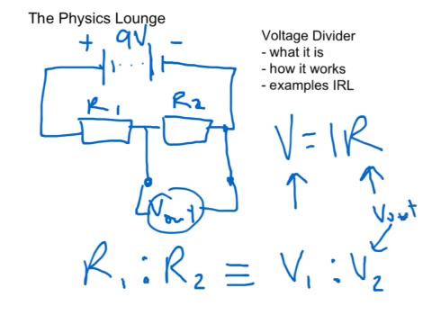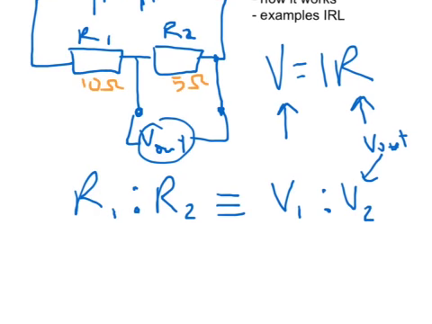Let's give you a concrete example. If that's 10 ohms and that's 5 ohms, with R1 being 10 ohms, there are different ways you can calculate it.